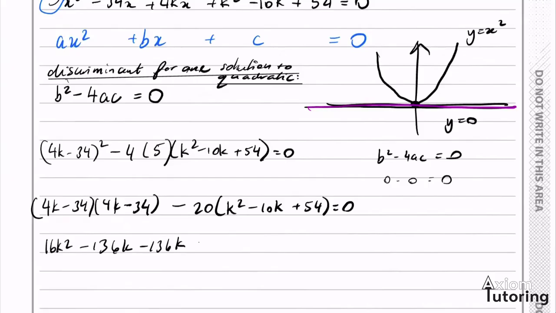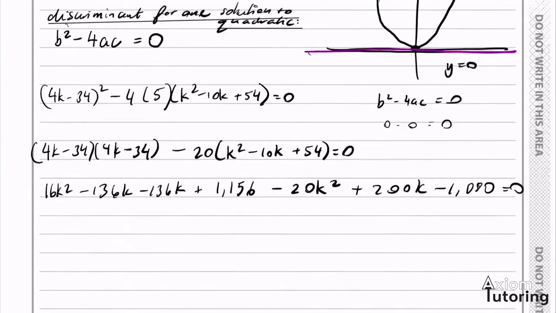That's plus 1,156. So we're looking at big numbers now. Minus 20k squared plus 200k. And then we're doing minus 20 times 54. So minus 1,080 equals 0.